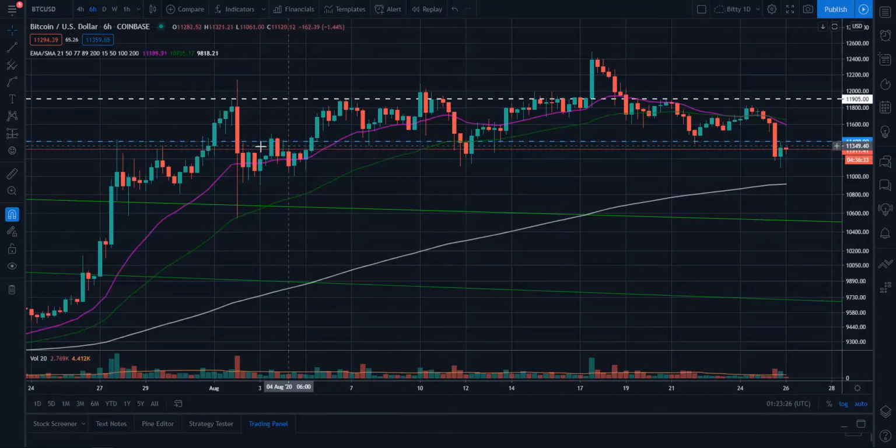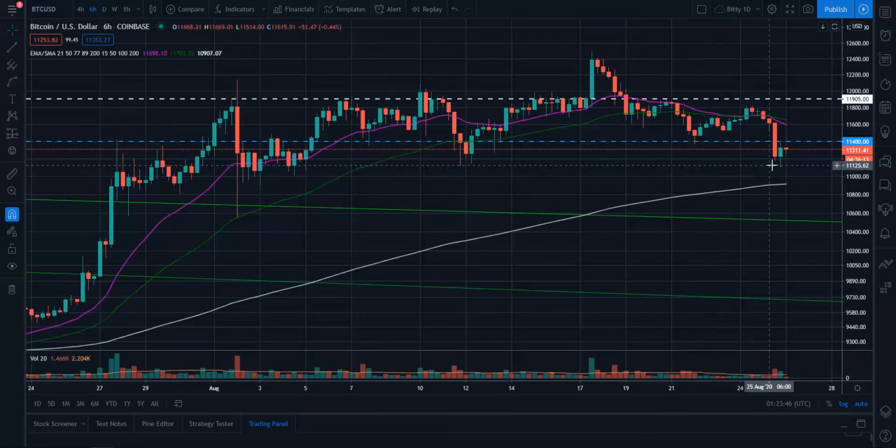And so for quite some time we saw this $11,400 line and the $11,905 line, what I'm calling it, acting as support and resistance. We had quite a bit of trading just within that range.